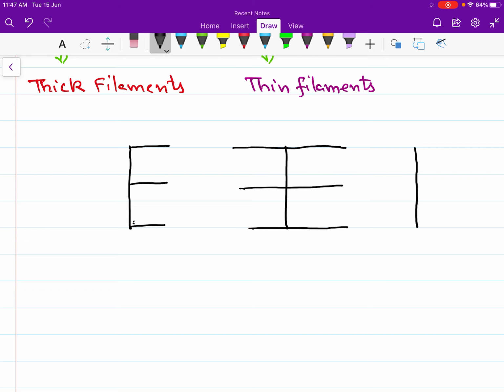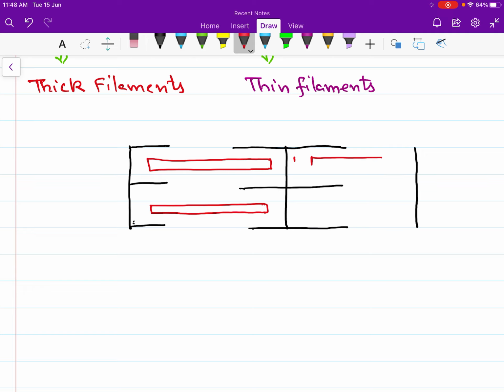And in between these thin filaments are present the thick filaments, just like this. What I am drawing in red are the thick filaments.